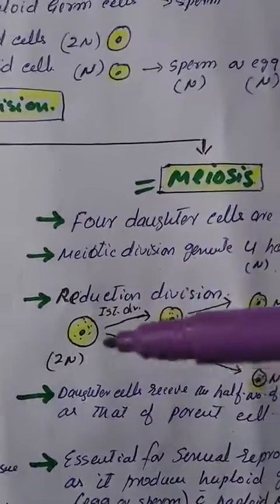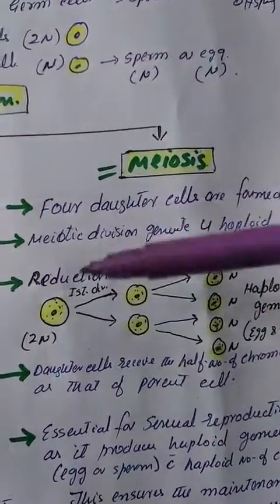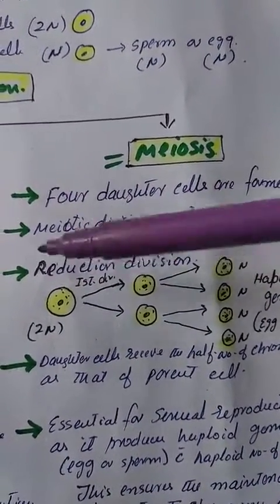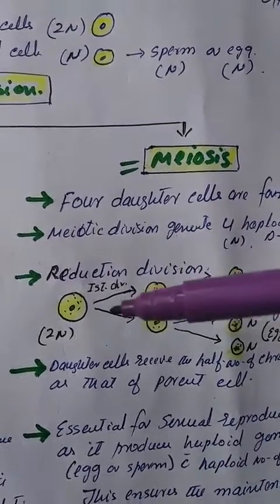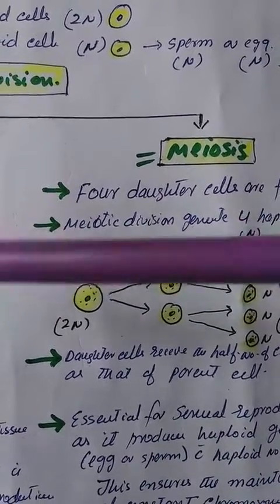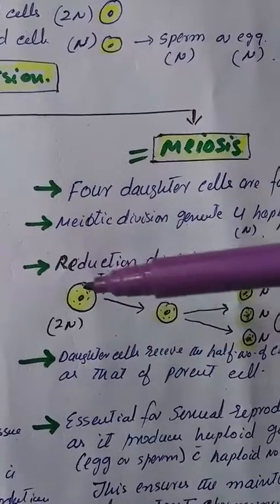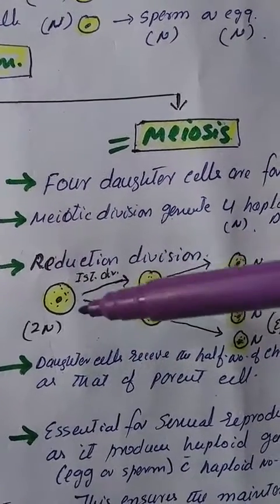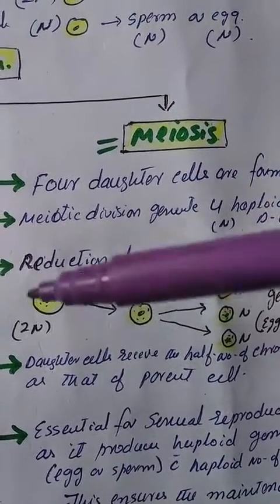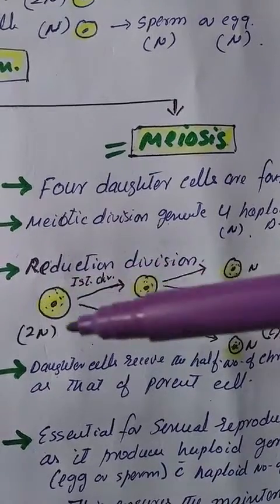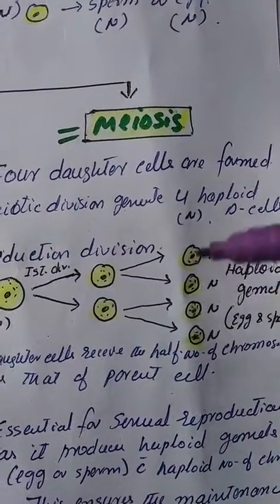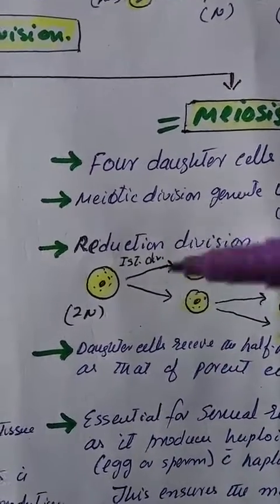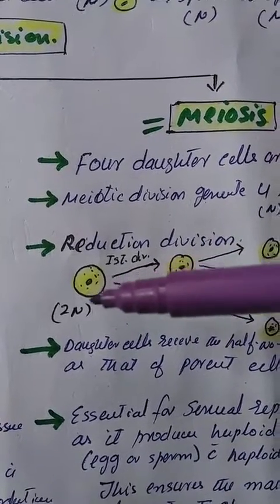In meiosis, this is also termed as reductional division as against mitosis, which is called equational division. It is called reductional division because the number of chromosomes becomes only half in the daughter cells. As you can see, meiosis has two phases of division.